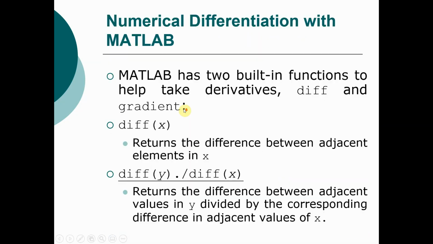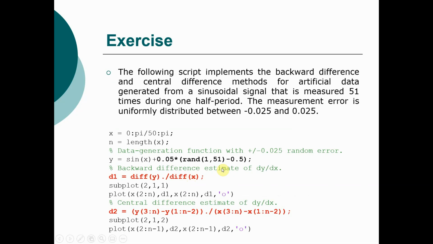We can find diff y and divide it by diff x. This is an element-wise division, right? We're dividing every element of this vector by this vector. That provides the backward or forward difference approximation.